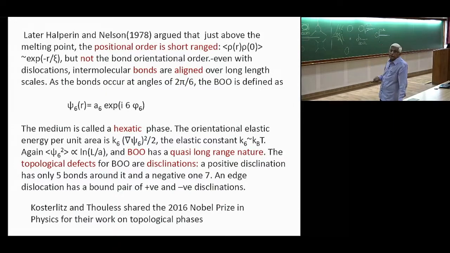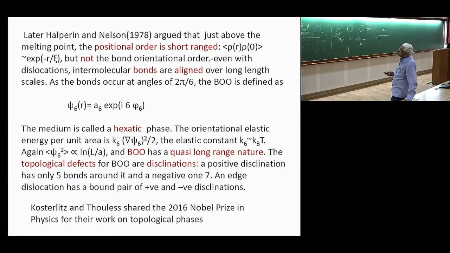Later, Halperin and Nelson, you have heard Nelson last week here, they argued that just above the melting point, the positional order is short-ranged, exponentially decaying with distance, but not the bond orientational order. The bond orientational order is now defined like exp(i6φ), where φ is the angle, because it's a hexagonal symmetry. This medium is called a hexatic phase.